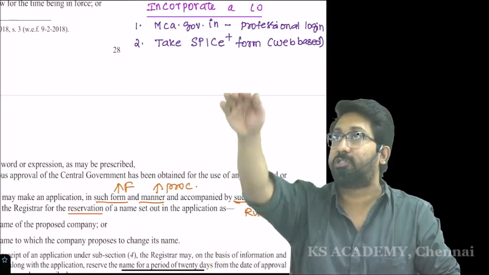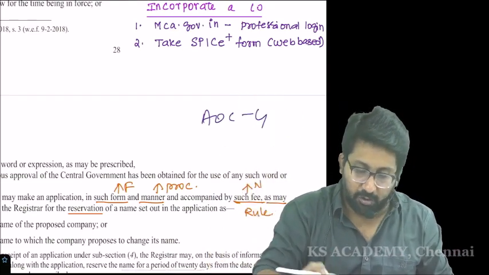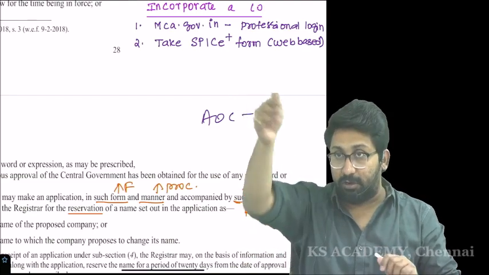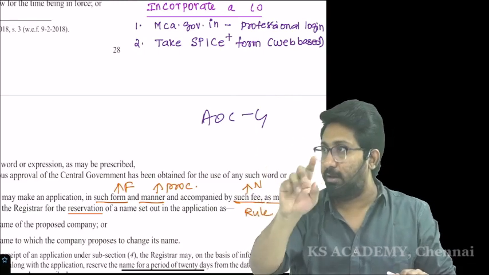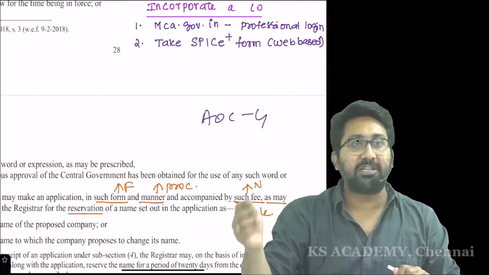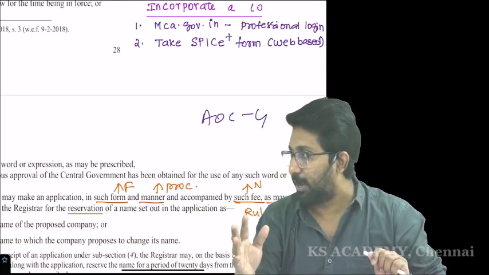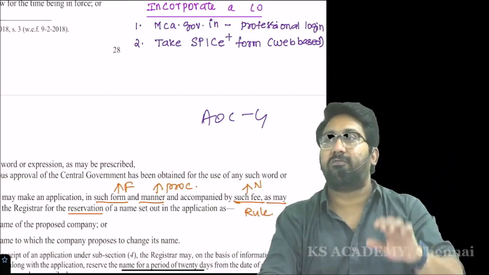You first need to download a form called AOC4. In the AOC4 form you will fill physically. You will download a PDF, fill it, and attach your P&L, balance sheet, everything. That's a different part.